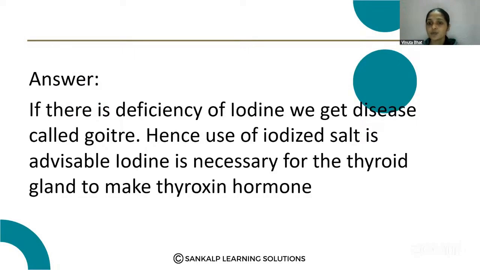Hence the use of iodized salt is advisable. Iodine is necessary for the thyroid gland to make the thyroxine hormone. Without iodine, the thyroid gland is not able to produce the thyroxine hormone, so iodine is very necessary for this gland to work properly.